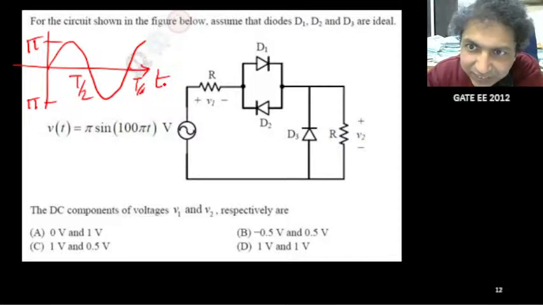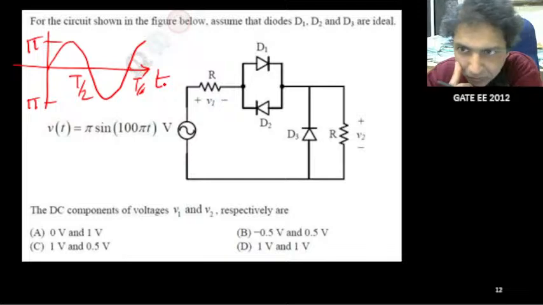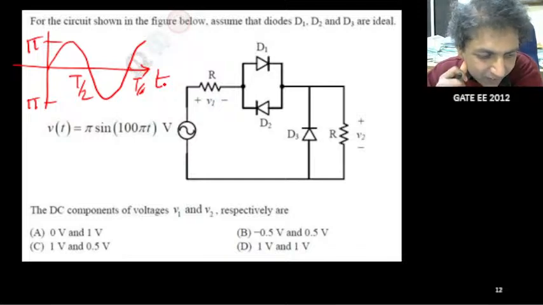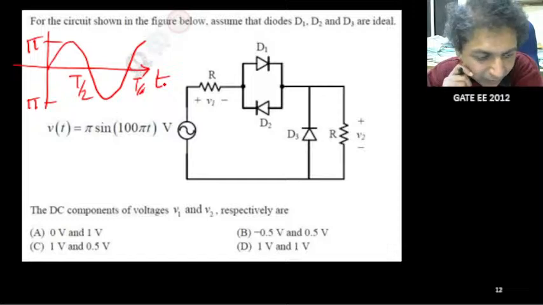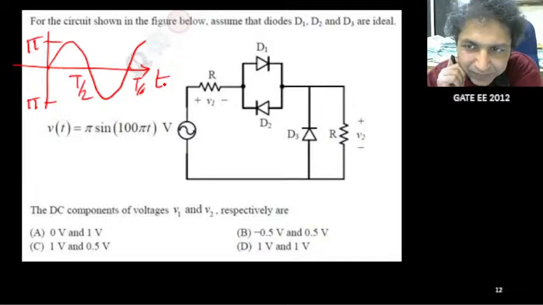Good. So in the first half cycle, which diode is on? Please let me know. You may discuss with me. So from 0 to T by 2, which diode is on? Anybody please? Are you following me?